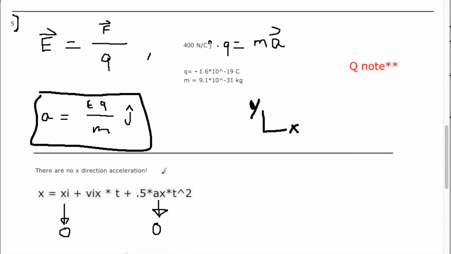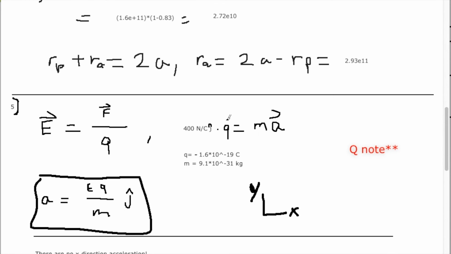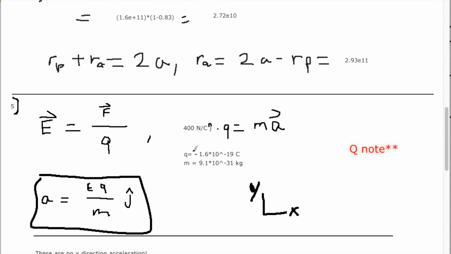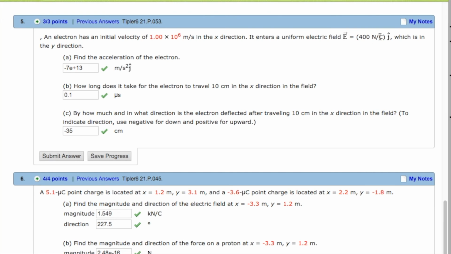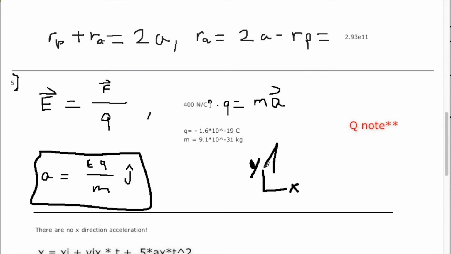Because if we go back to the first part of the problem, find the acceleration of the electron, I said that the acceleration was in the y direction. I may have accidentally said that it was in the positive y direction. But I forgot to mention that because q is negative, because it's an electron, it actually goes in the opposite direction of the field. The field is in the positive direction, and the electron will go in the opposite direction.